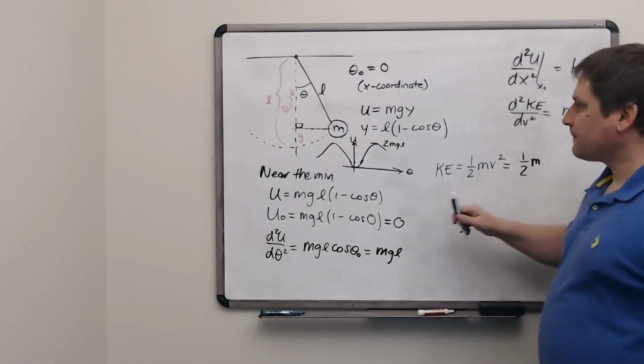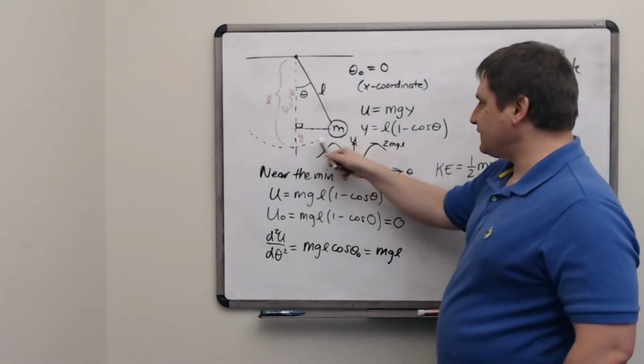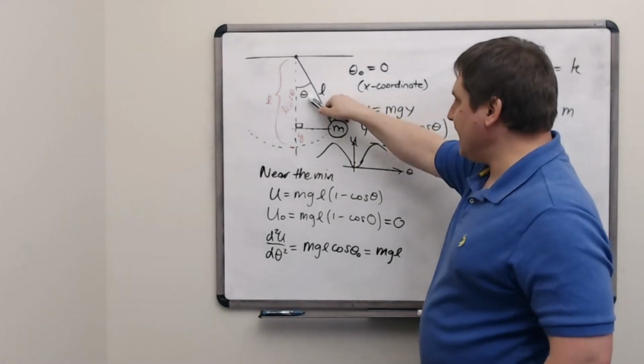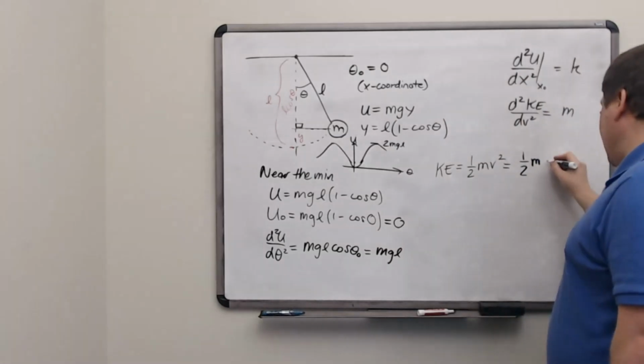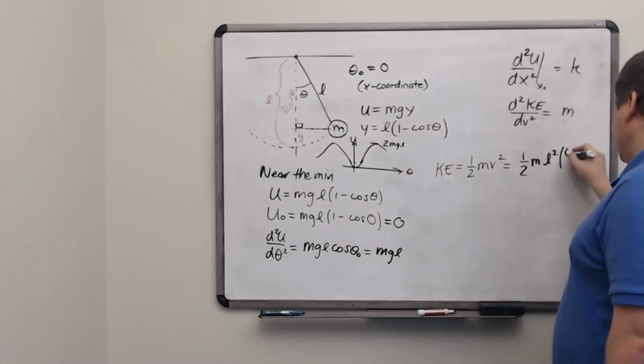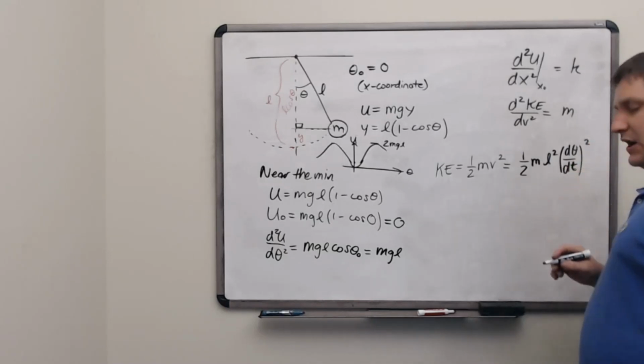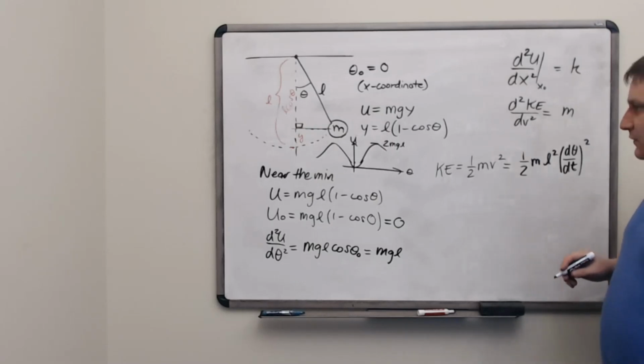So our velocity, the actual speed of this mass, is equal to the rate of change of the angle multiplied by the radius. So ml squared times the rate of change of theta. I don't want to call this omega right now because that would be very confusing with the angular velocity that we'll get later on.